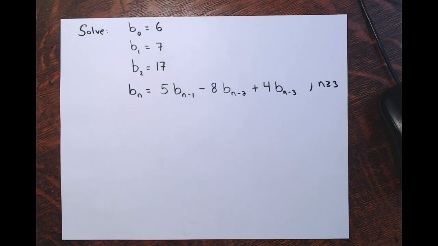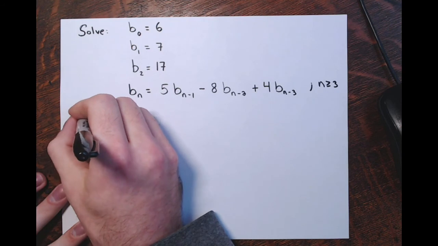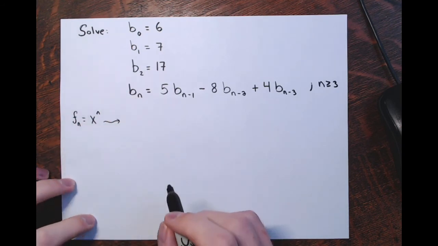But first, the characteristic equation. So I'm going to have f n equal x to the nth, and that would lead me to the characteristic equation.